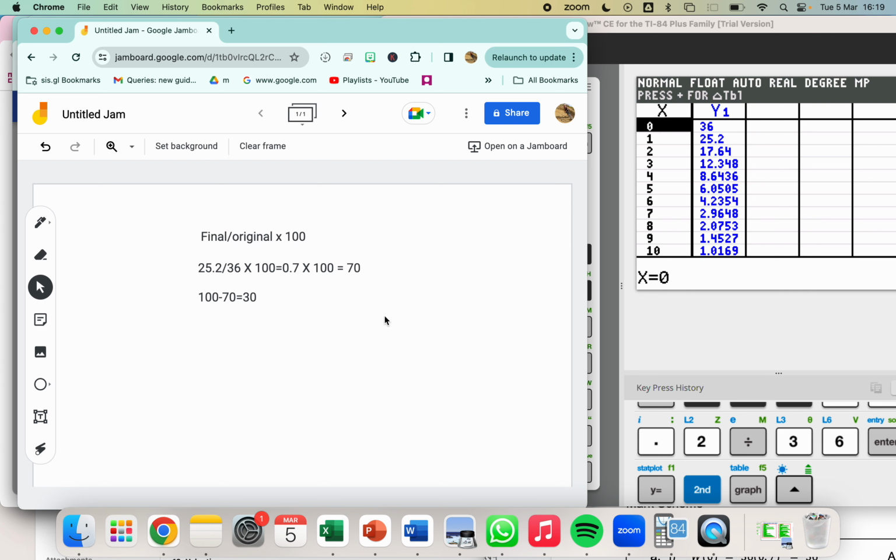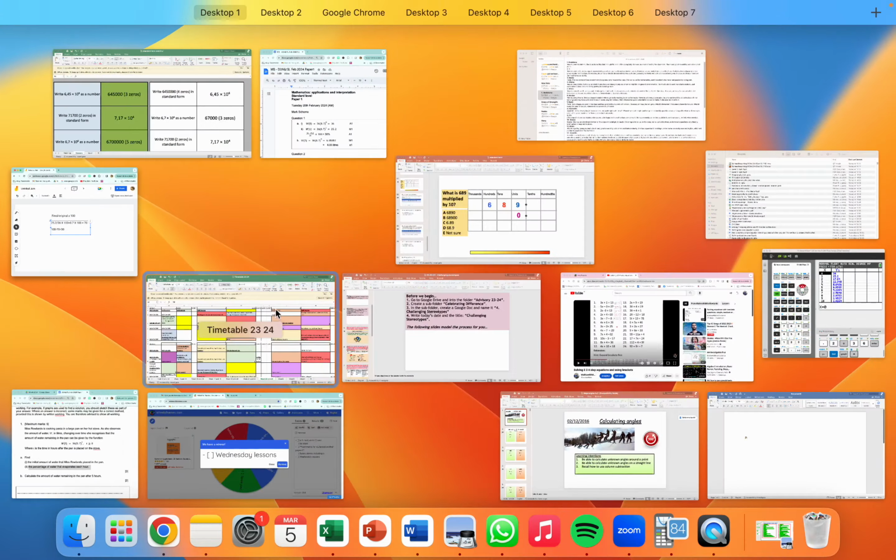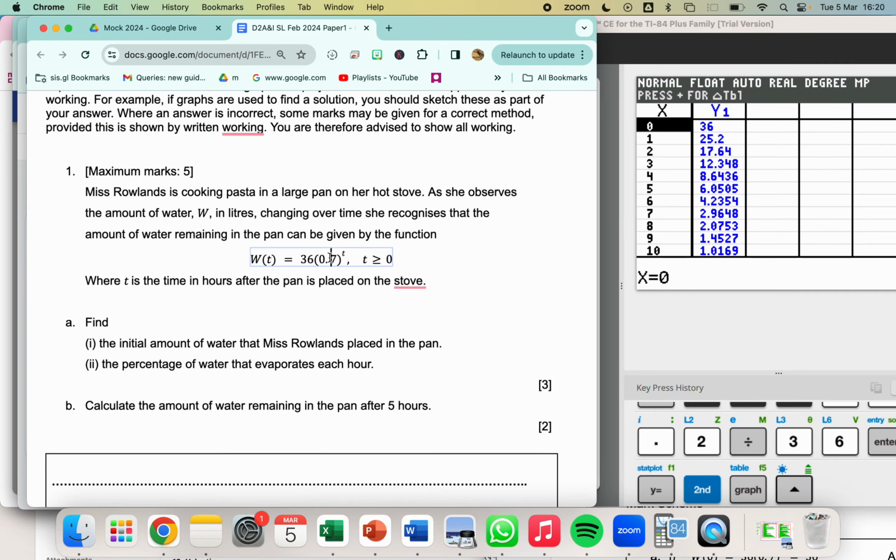And if you don't know that, this is prior knowledge. So if we go from a final amount such as 25.2 divided by 36, you can see that we've got 70%. Now the actual change is how much does it drop from 100 to 70? Well, clearly the answer is going to be 30. If you look at the question itself, this is really obvious because it's just the 0.7 here.